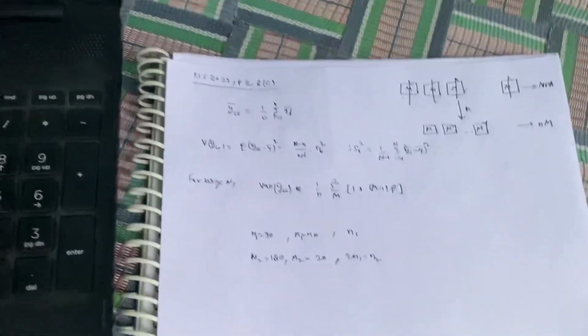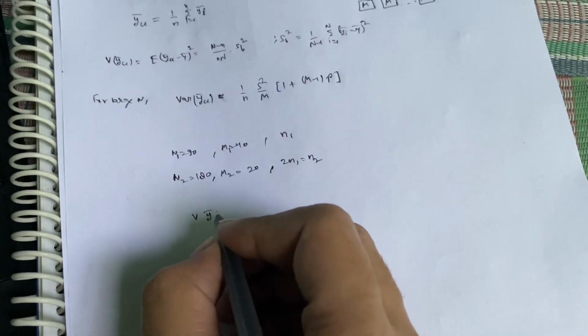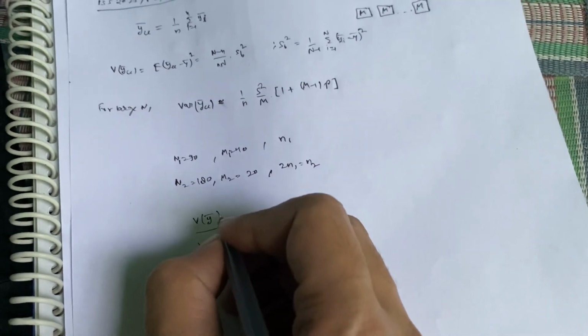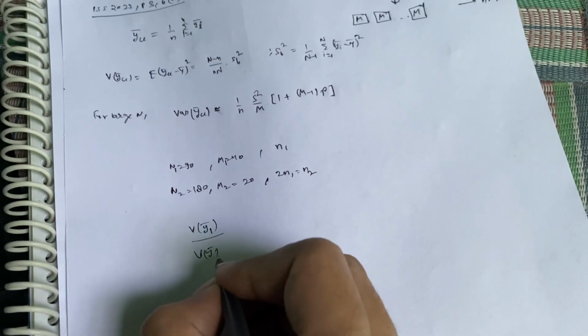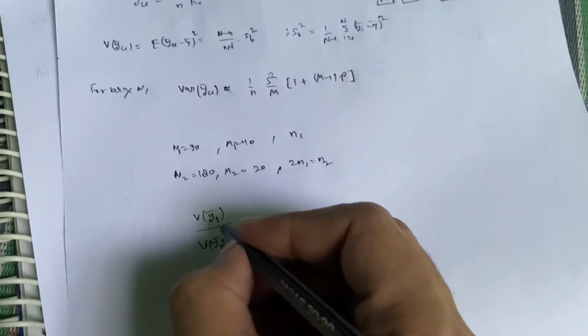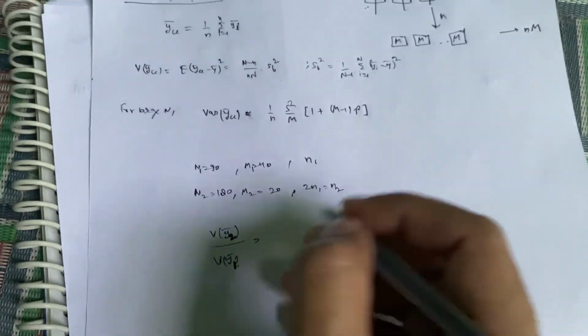So we need to find the relative efficiency, meaning variance of y bar in the first case and in the second case. Let's write 2 by 1. For now let's write this formula.